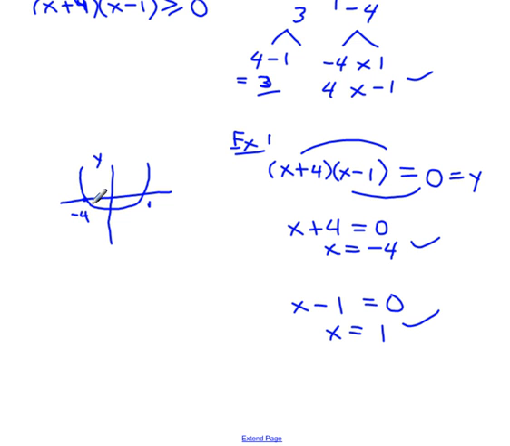From negative 4 to 1? No, because from negative 4 to 1 my function is actually less than 0. It's negative. So where is it greater or equal to 0? When you extend it, from all the way negative to negative 4. And where else is it positive? From 1 to positive infinity.